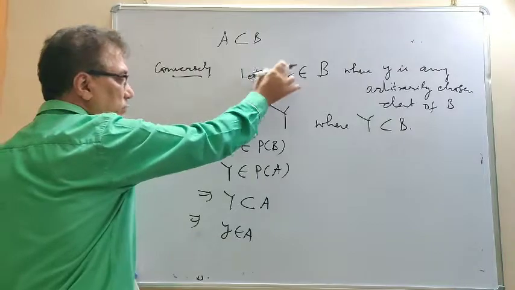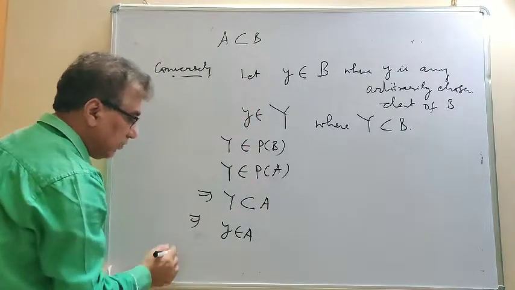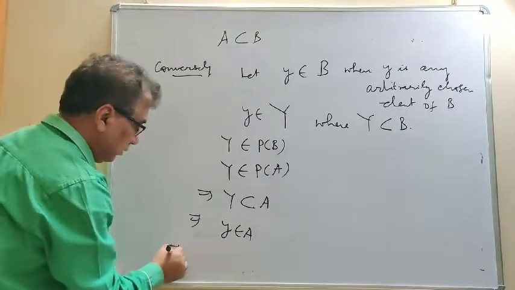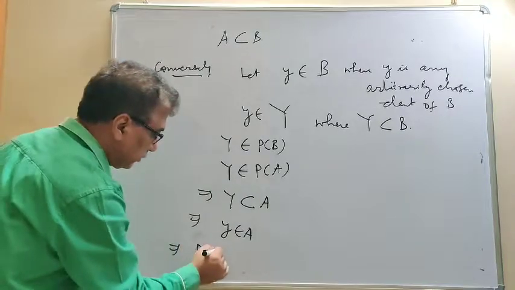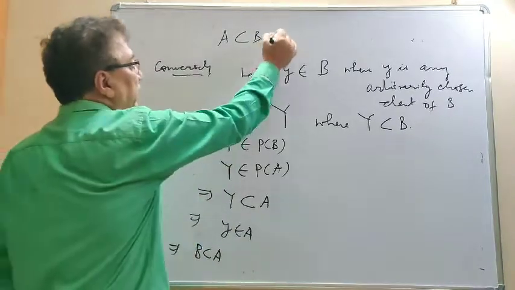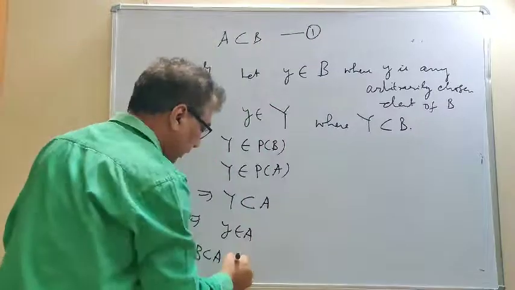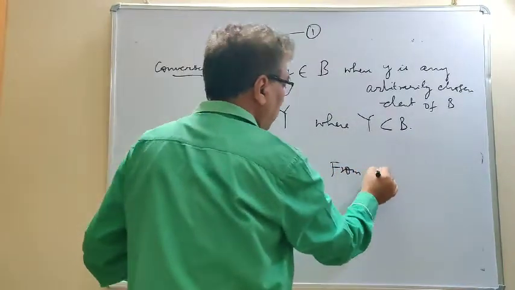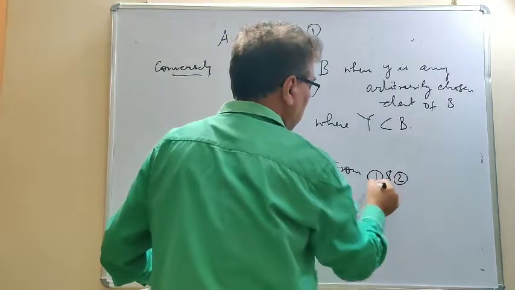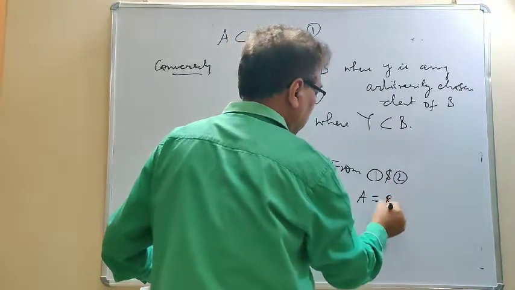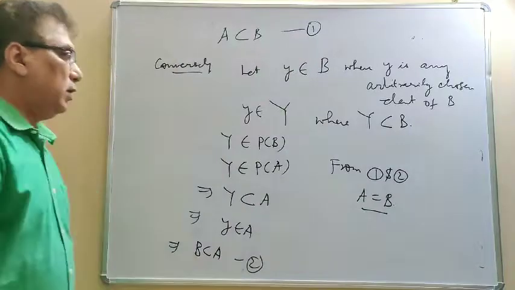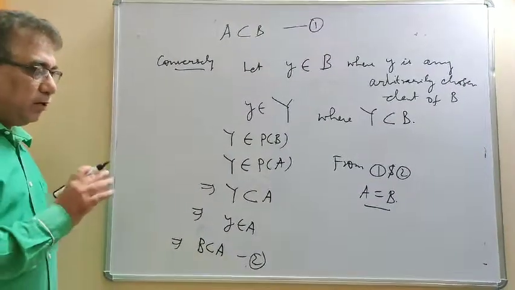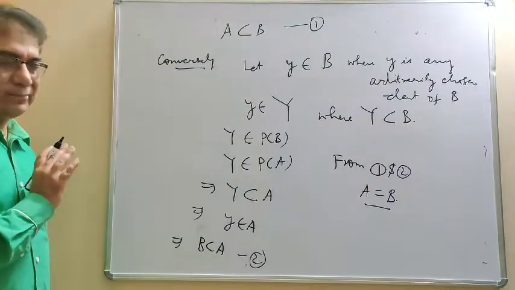Whatever is true for y is true for each element of B. So B is also a subset of A. So when we combine 1 and 2, from 1 and 2, A is equal to B.